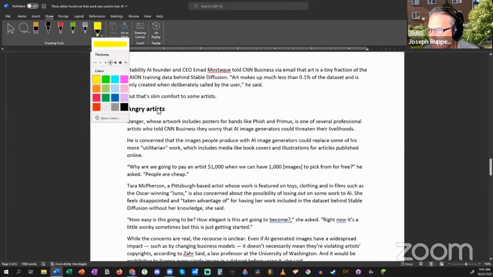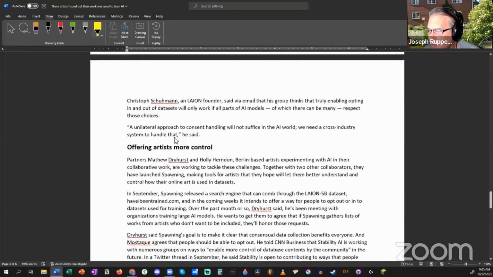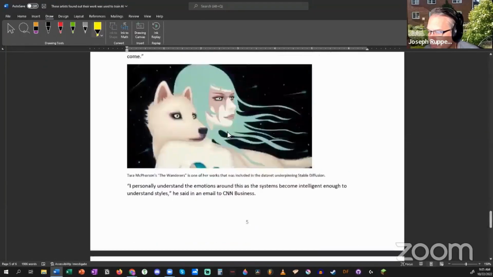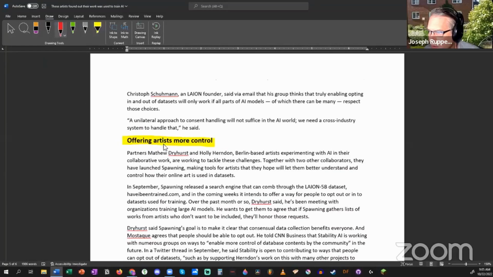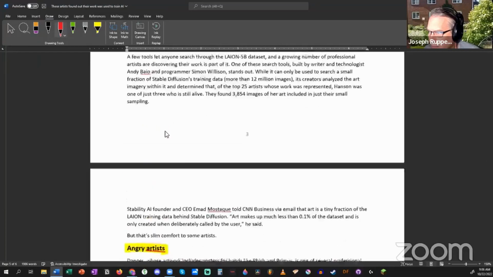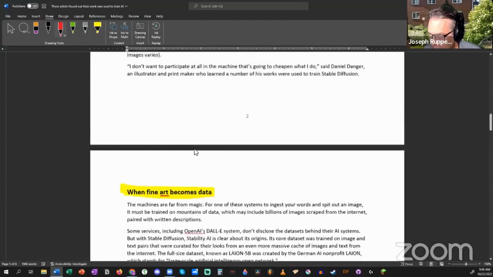I also see some of these headings. Look at that: angry artists, offering artists more control. So angry artists, so we've got the word artist here. And there's one, oh, here we go: When fine art becomes data.